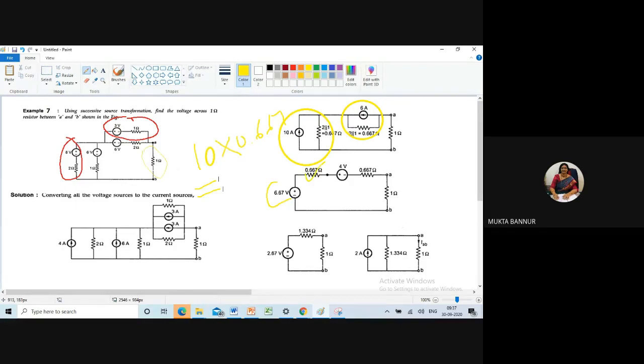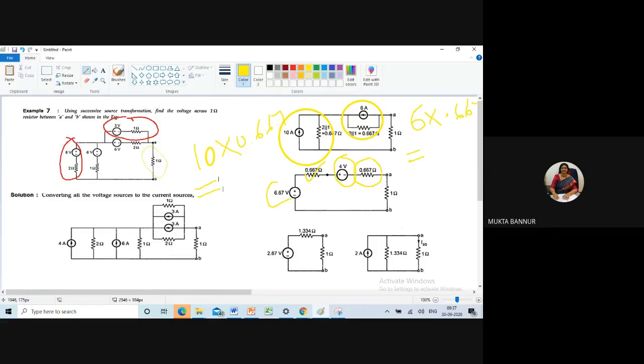Similarly, 6 into 0.667 gives us an equivalent voltage source of 4 volt. Whatever the resistance was there across the current source has been replaced by a series resistance, and it is connected in series with the voltage source.